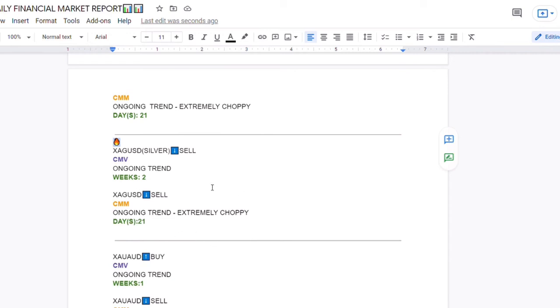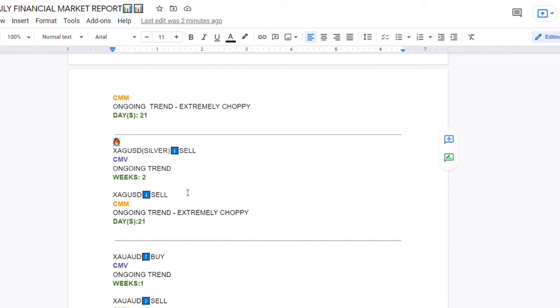So as an investor, you might be one that wants to play it safe and say, I'm only going to stick with the ones that are aligned, and I'll hold on for like 30 to 40 days and collect my profit. Well, this is the method that you'll use according to this daily financial market report, so that you can make your profits and collect your funds. You look for just the fire symbols.